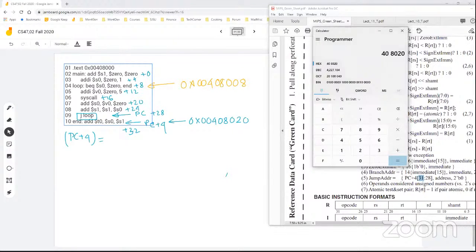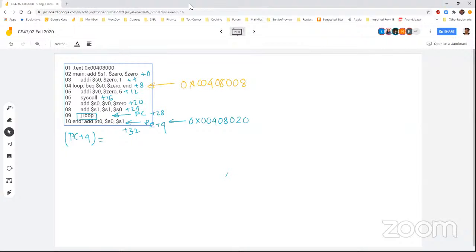Okay, wonderful. So let's write down my PC plus 4-bit pattern here.